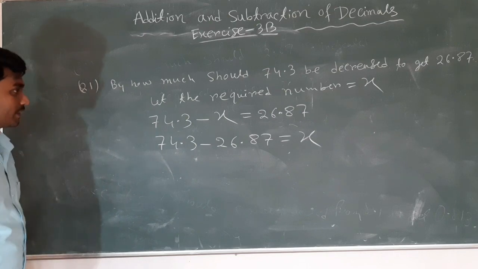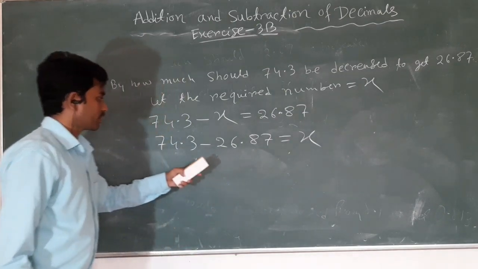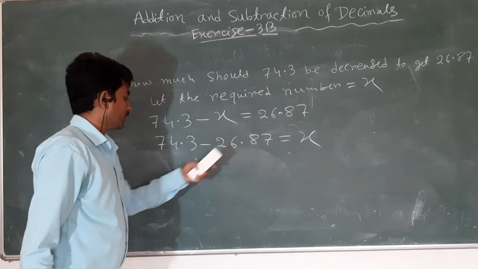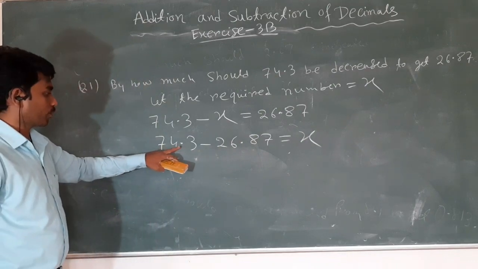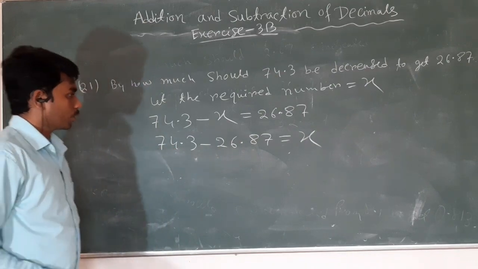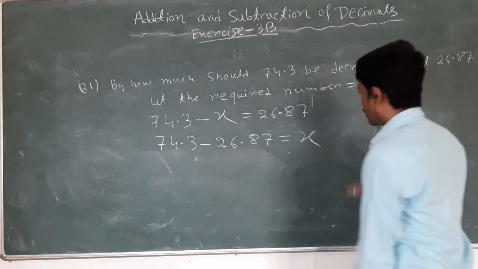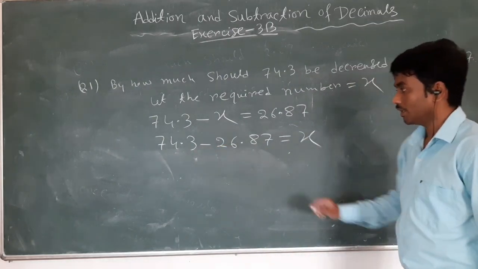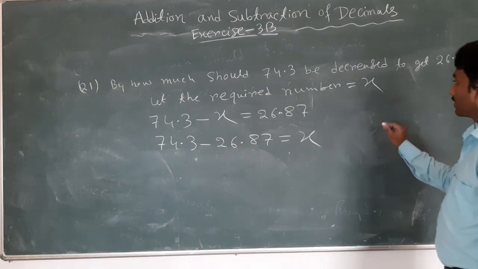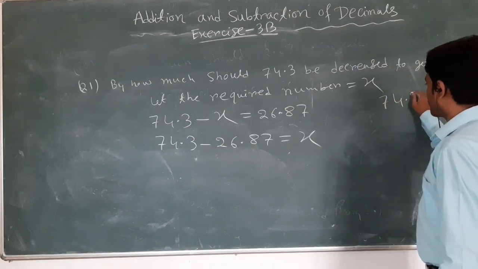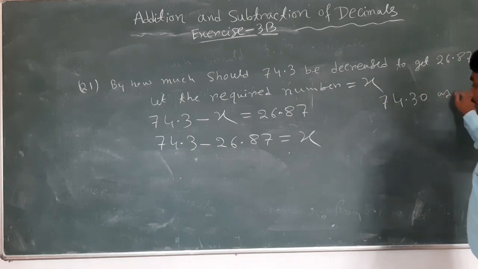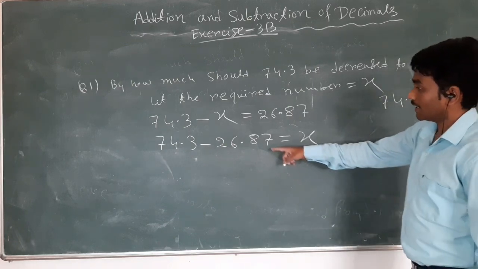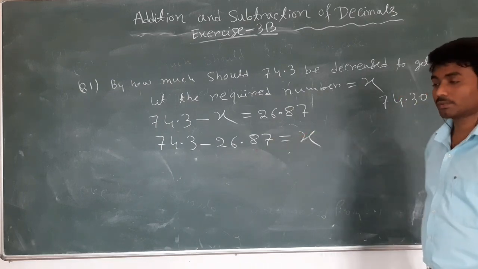So to get the required number, we have to subtract 26.87 from 74.3. So according to the rules of subtraction, first we convert each of the decimals into like decimals, that is 74.30 and 26.87, because the highest decimal place is 2 decimal places.